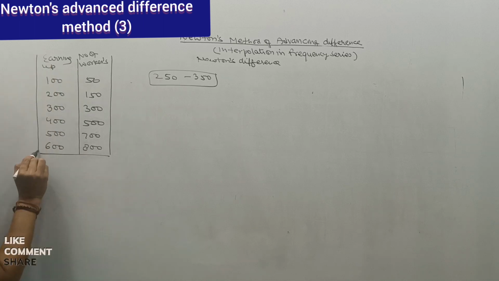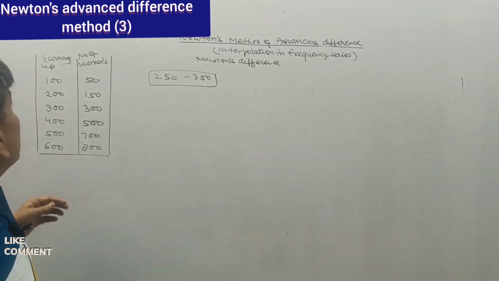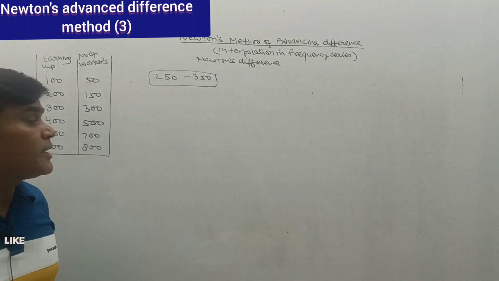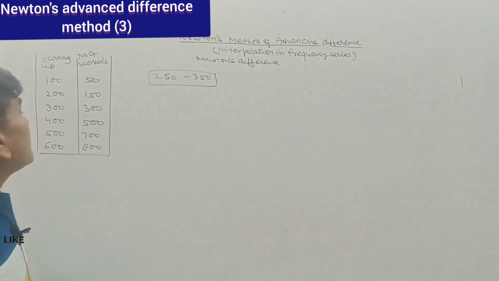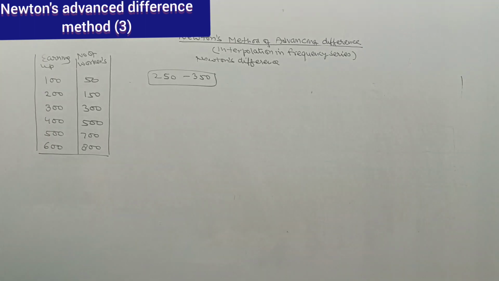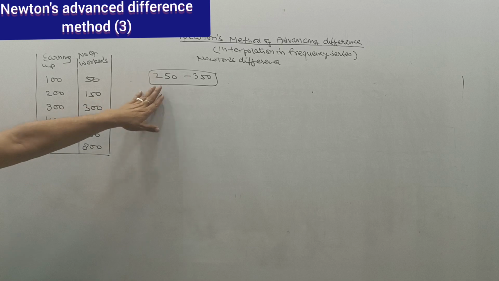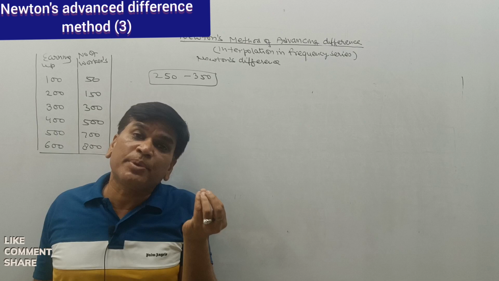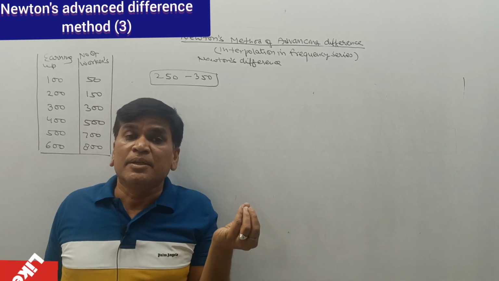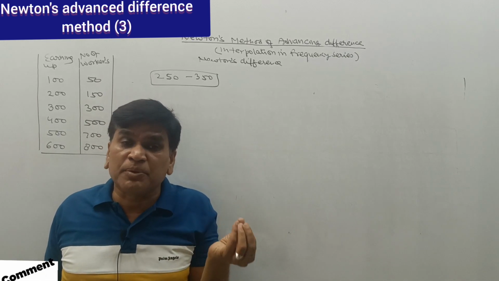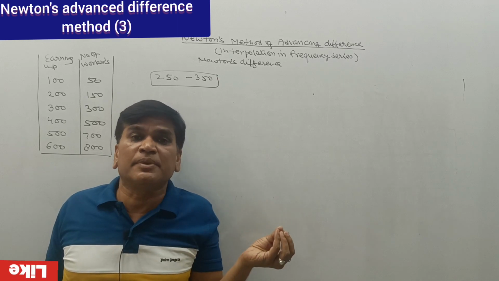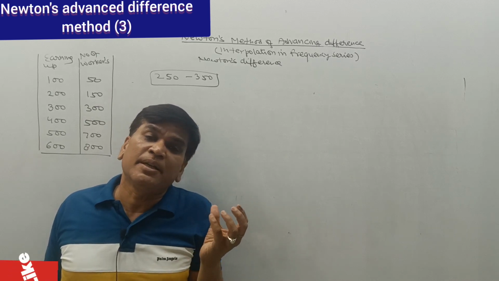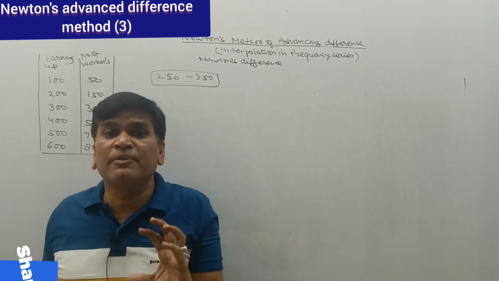So we first think: earnings is given up to 100, up to 200, up to 300, up to 400, up to 500, up to 600. Number of workers is 50, 150, 300, 500, 700 and 800. We are to calculate the number of workers who are earning between 250 and 350. So first we have to calculate up to 250 and then interpolate for 350, and getting 350 minus 250 we will have the number.